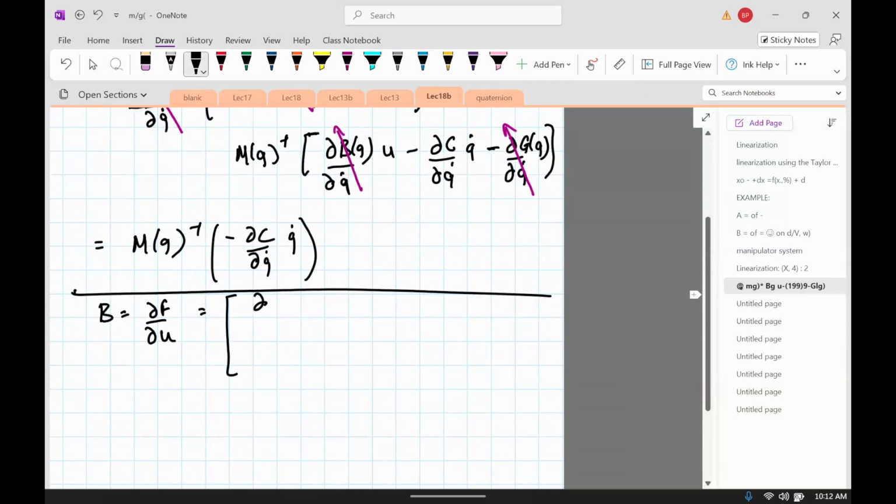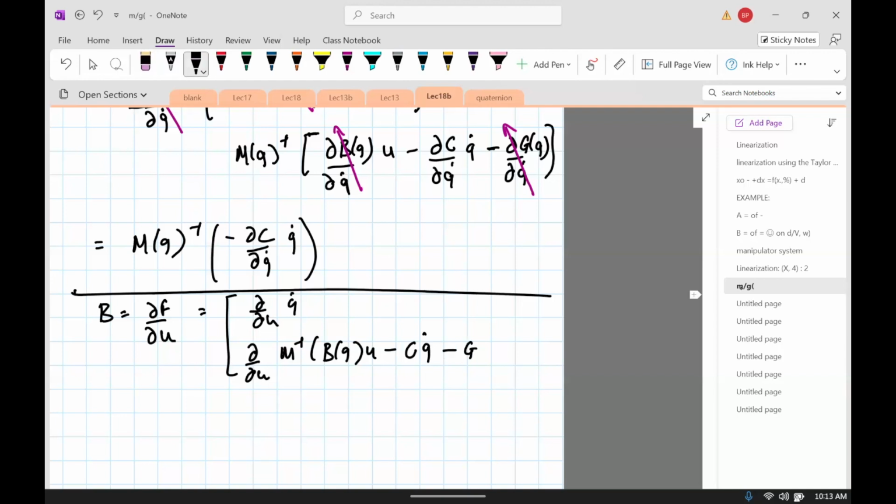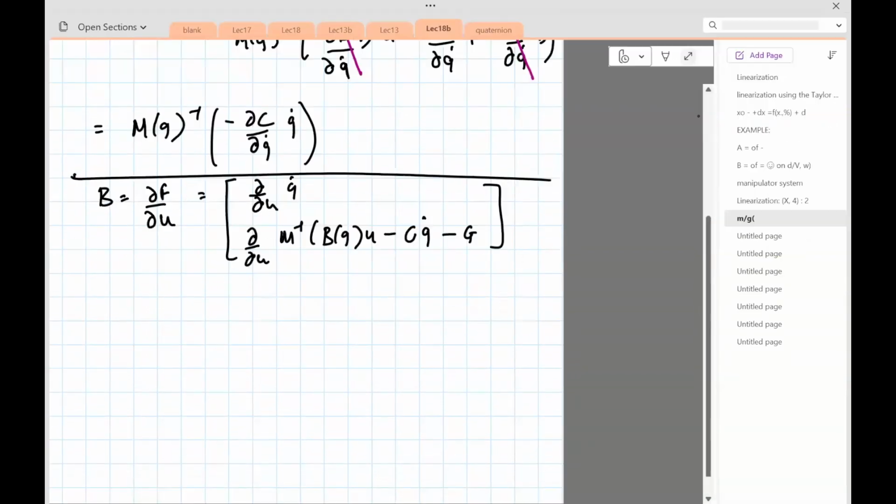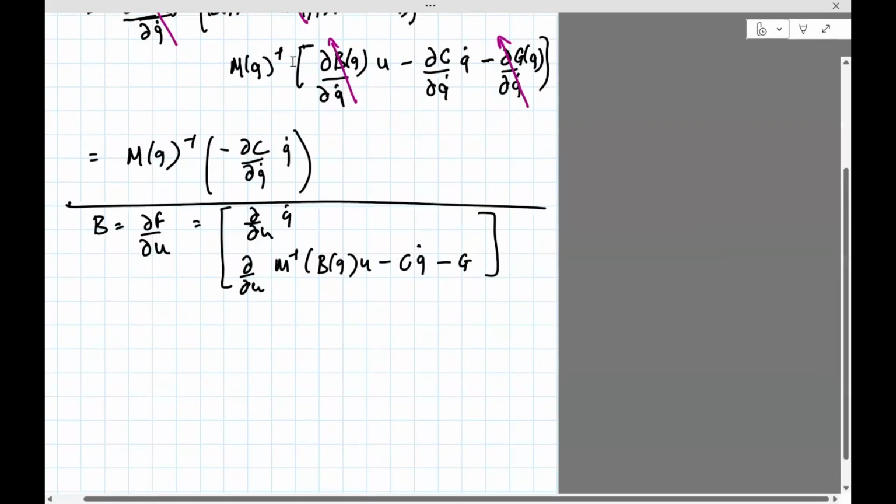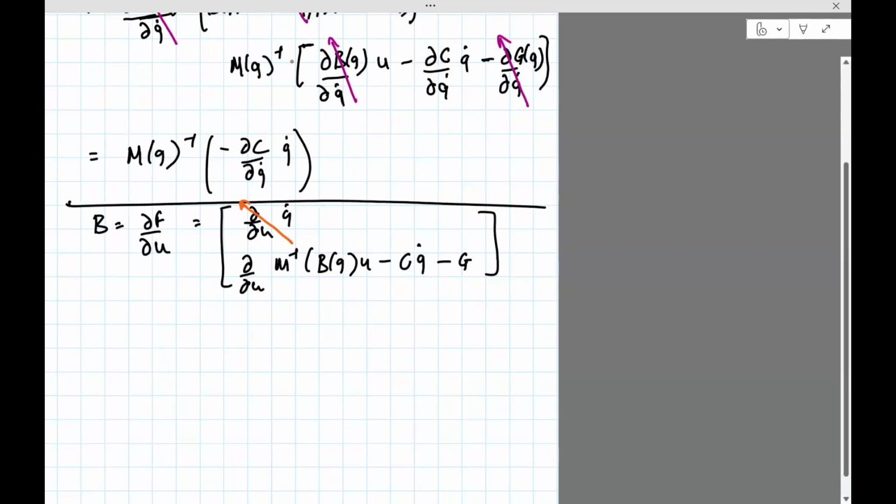So let's write this as d du of q dot, and then d du of m inverse p q u minus c q dot minus g. Okay, so the good news is a lot of things will go to 0. This is clearly 0 because you're taking the derivative of q dot with respect to u.